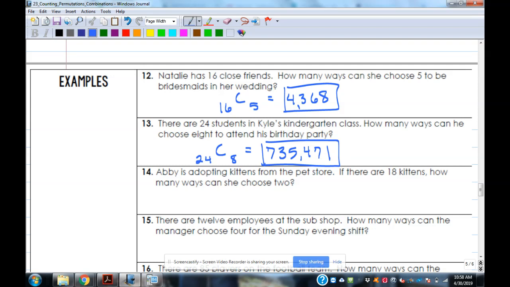So I'm putting 24, and then hit math, nCr, and then you're picking 8.